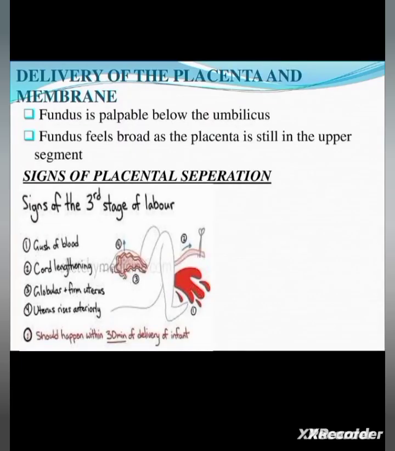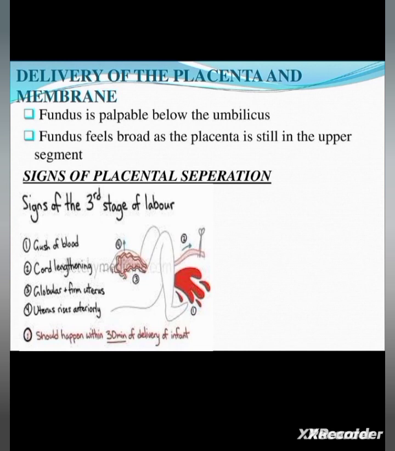During the third stage of labor, placenta and membrane will be delivered. At this time, the fundus is palpable below the umbilicus and feels broad as the placenta is still in the upper segment.